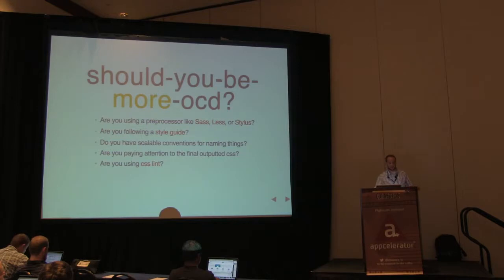Another huge one is, are you paying attention to the final output of your CSS? With preprocessors like Sass, you can do some really amazing things that will output a ton of code. But if you aren't careful, you can also do some crazy things that will mess up your performance and cause all kinds of issues.